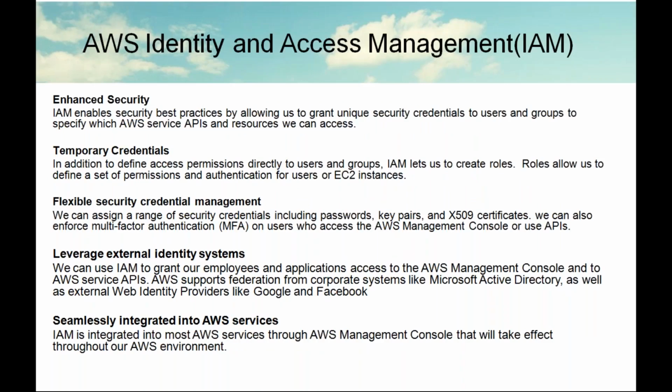So, enhanced security. Best practices, by allowing us to grant unique security credentials to users and groups, to specify which AWS service application interfaces and resources we can access. And also temporary credentials. In addition to defining access permissions directly to users and groups, IAM lets us create roles. So roles allow us to define a set of permissions and authentication for users or EC2 instances.